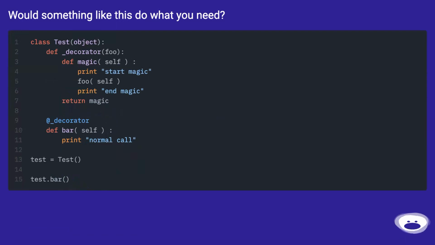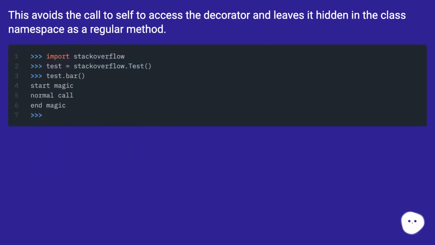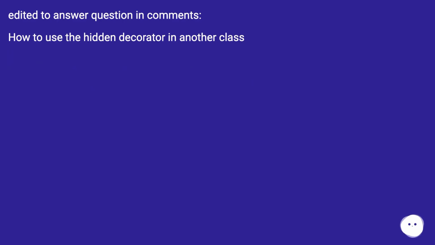Would something like this do what you need? This avoids the call to self to access the decorator and leaves it hidden in the class namespace as a regular method. Edited to answer question and comments.